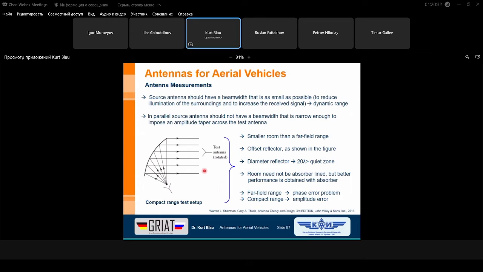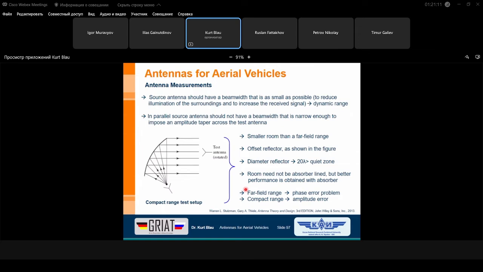But nevertheless, if you have reflections in this plane, and you have to measure the so-called forward and back ratio, then you also have from the back a certain amount of reflections. And this is the reason why you have to install absorbers on this wall in this plane. In the next slide, we will see what such an absorber looks like and what the purpose of such an absorber is.